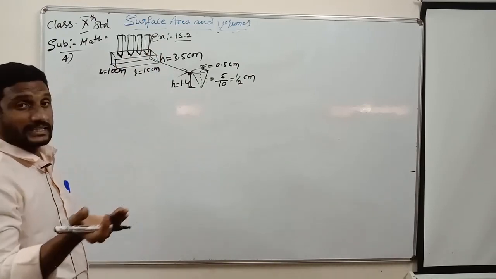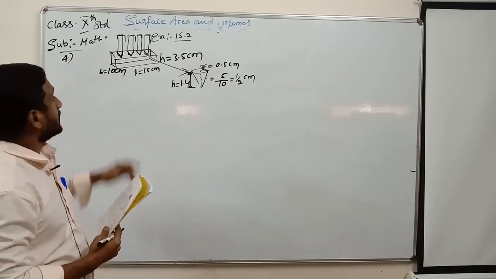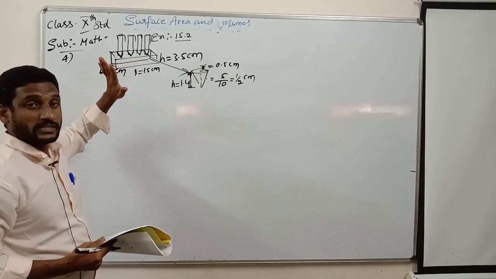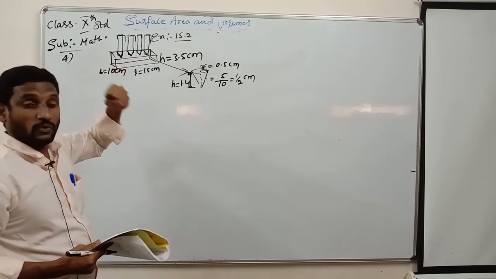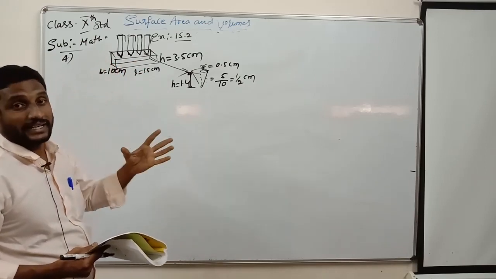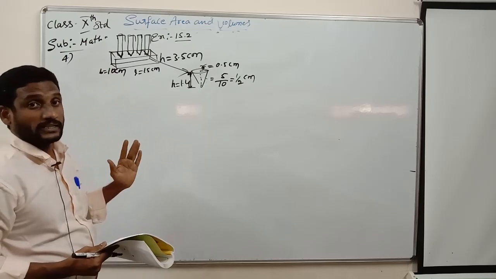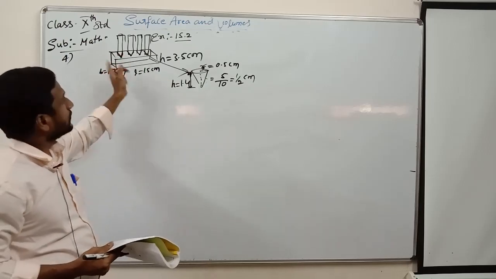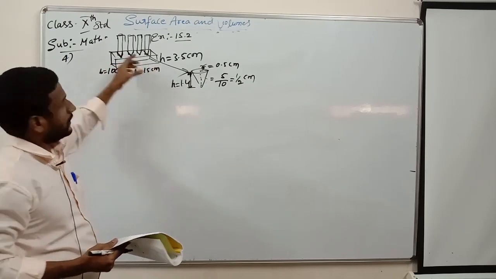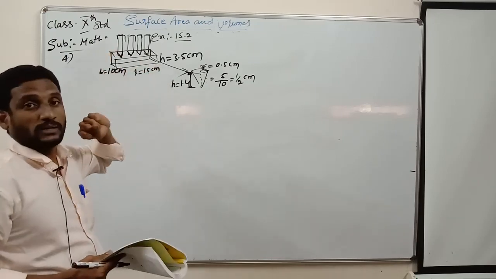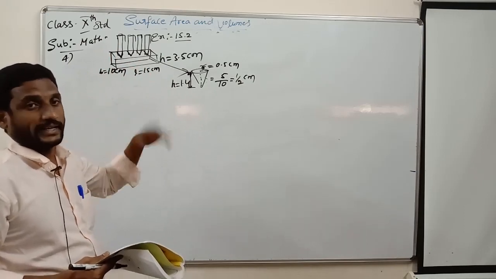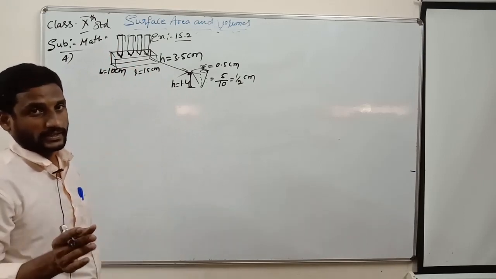Afterwards, you subtract the 4 conical depressions. You calculate the volume of 1 conical depression and multiply it by 4, and you get the volume of all 4 conical depressions, which you subtract from the volume of the cuboid.